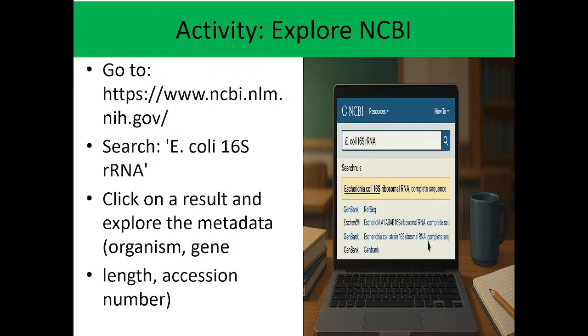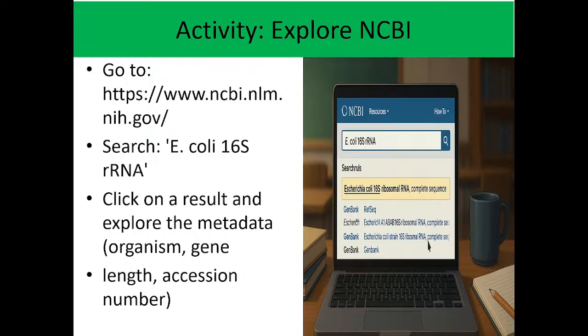The next thing is that you just click on results, and by the time you click on that result, you discover that you are looking at what is called metadata. Just like in Yoruba, meta means three. What are these three? First, the organism name.